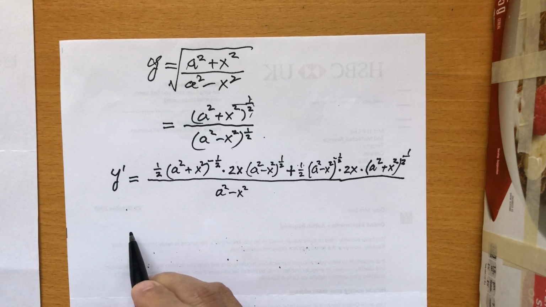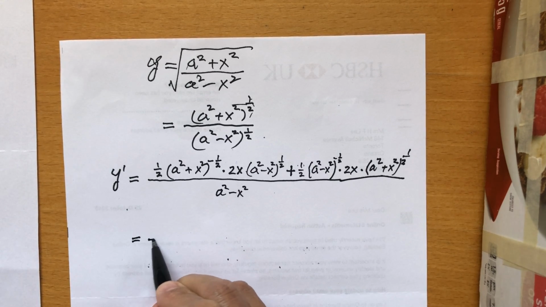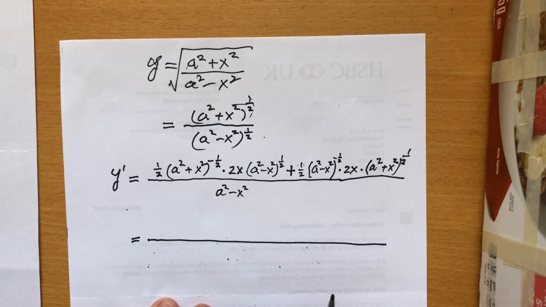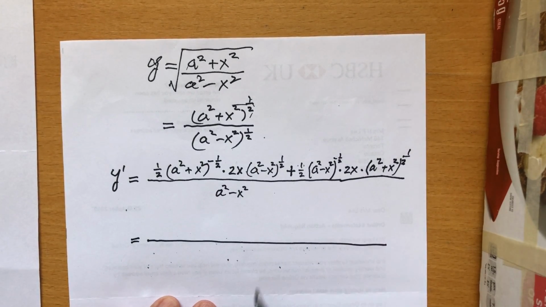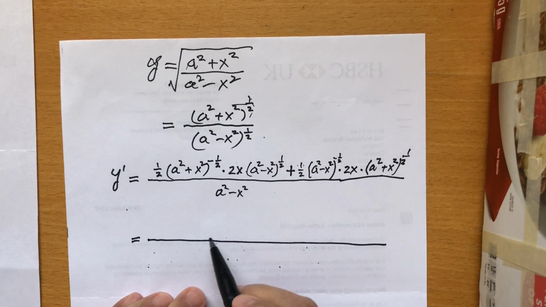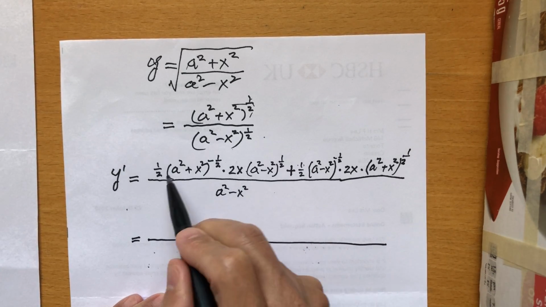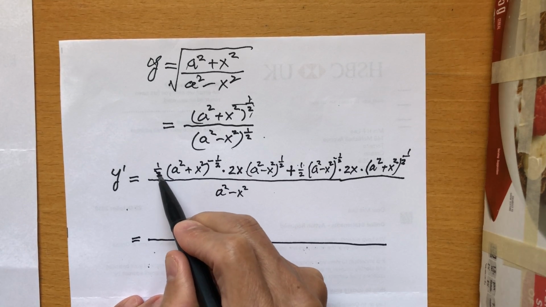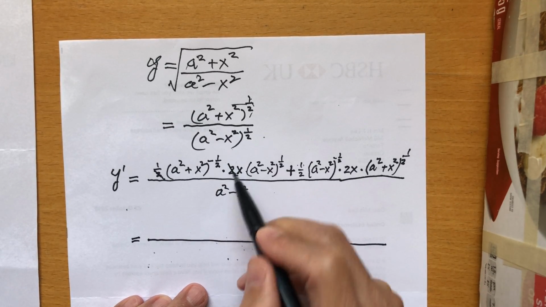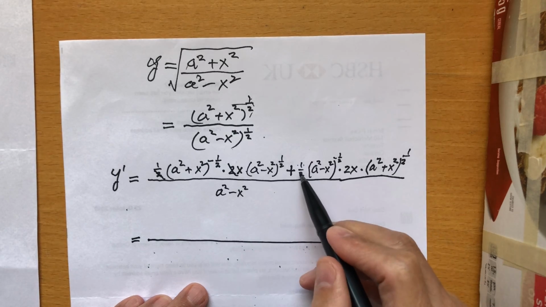So next, I see the negative power, so I put the negative power into the denominator. See this, 2 and 2 cancel, and this 2 and this 2 cancel.